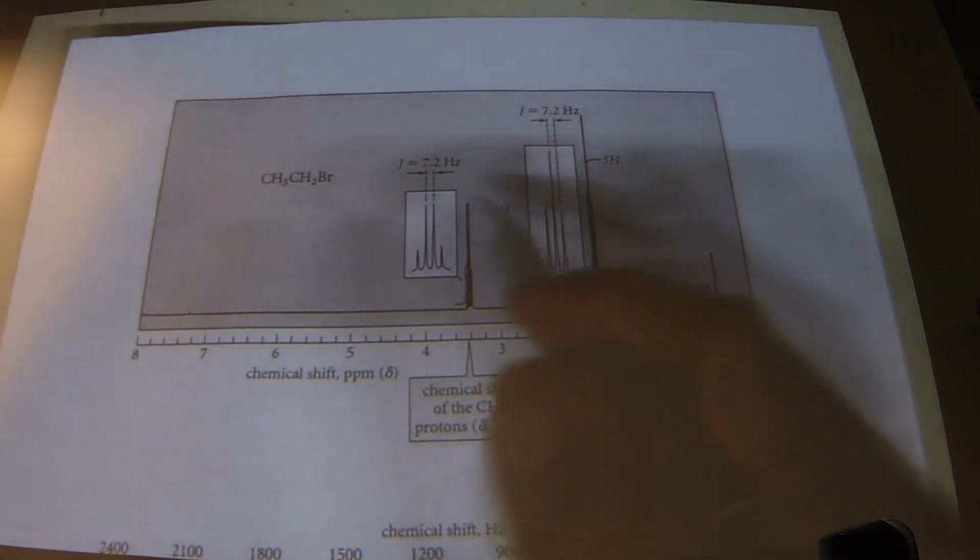Okay, so where does this come from? First of all, why are they split? And why the ratios of peaks? There's got to be a reason. So let's see if we can figure it out from what we've talked about. Let's take a look here.